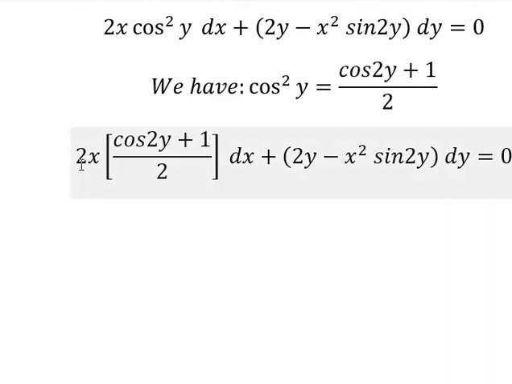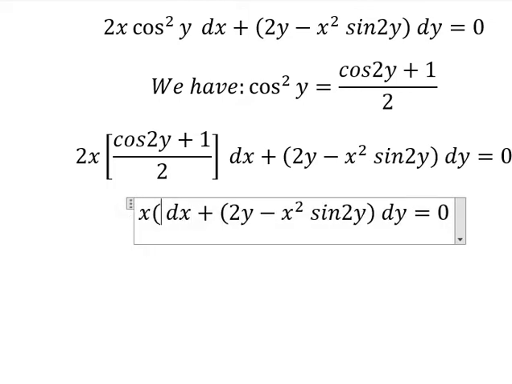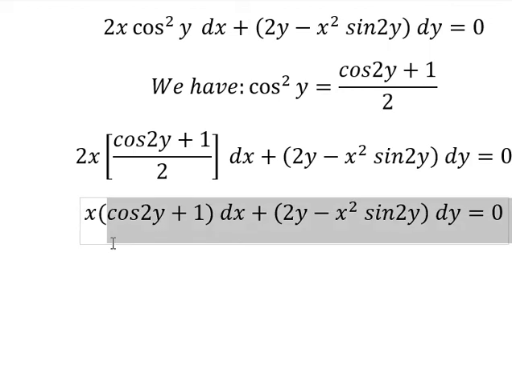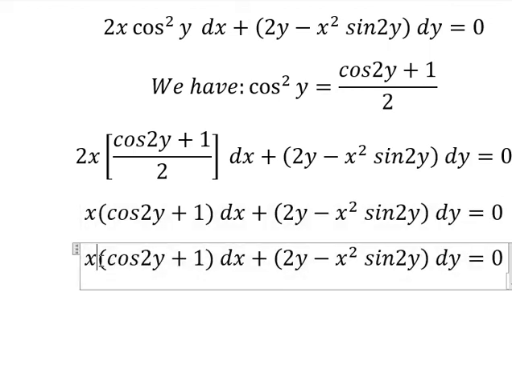Next, number 2 and number 2 we simplify. Next, x multiplied by cosine 2y and number 1.